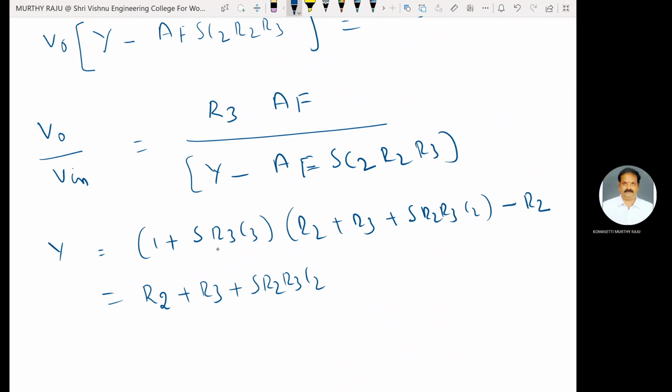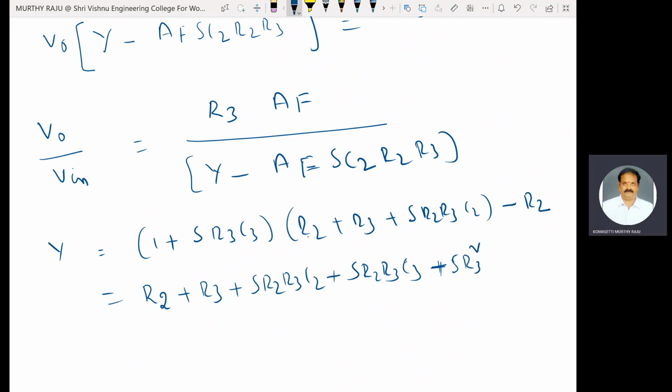S R3 C3 is multiplied with the entire term: S R2 R3 C3 plus S R3 square C3 plus S square R2 R3 square C2 C3, minus R2.